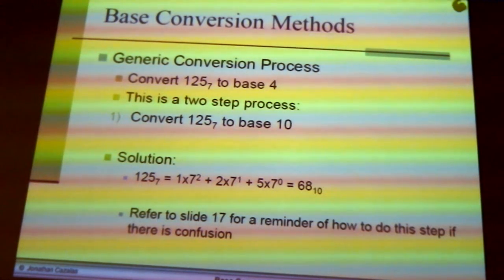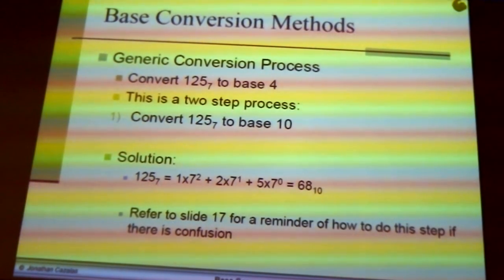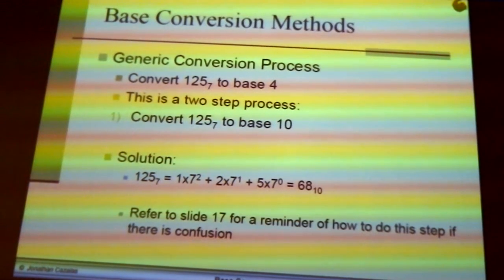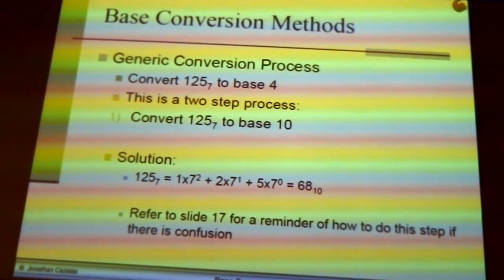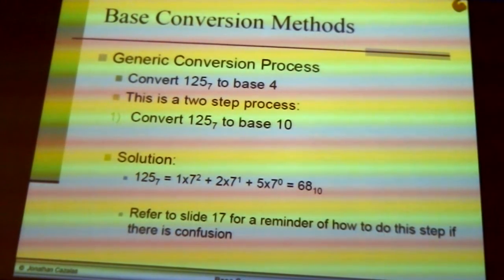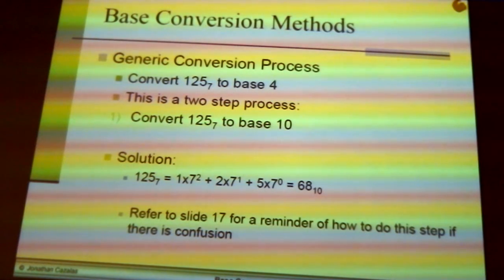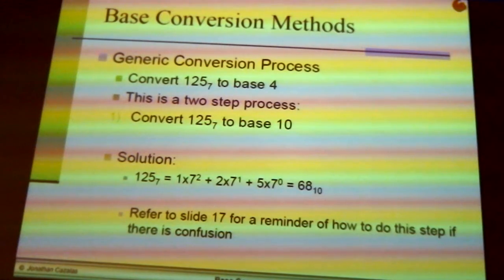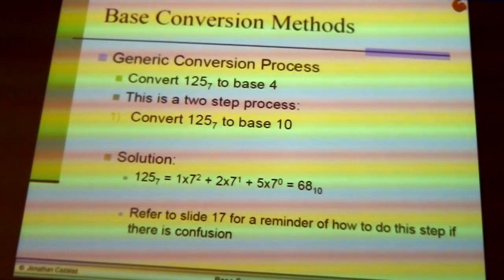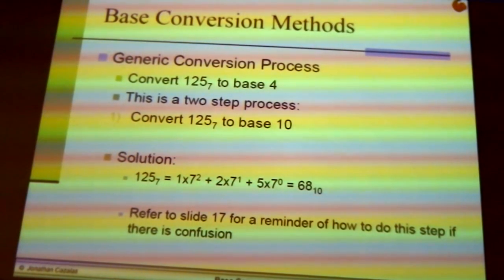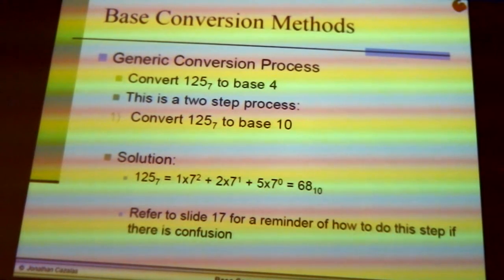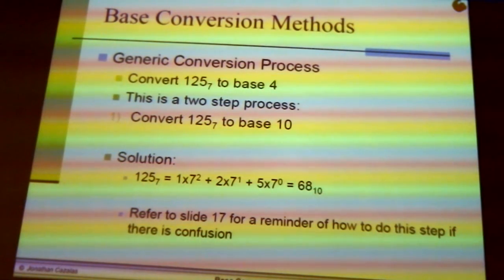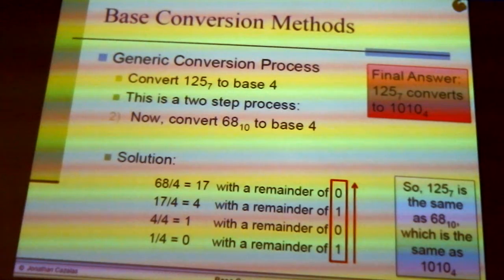The example here is a really good one, because we want to convert from base 7 to base 4. There's no commonality between 7 and 4, so we really do need to convert from base 7 to base 4. So we go from base 7 to base 10, we do our calculation here, and then from decimal we can convert to anything.